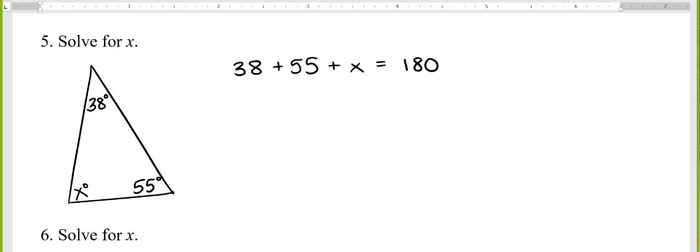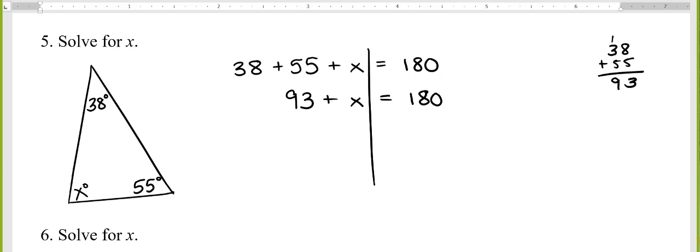What is 38 plus 55? 93. What do you need to do to both sides? Subtract 93 from both sides.